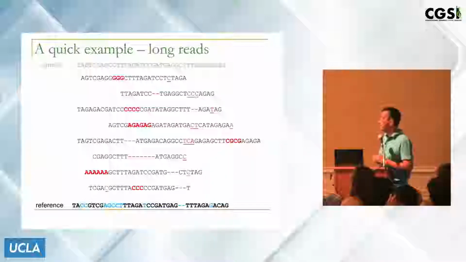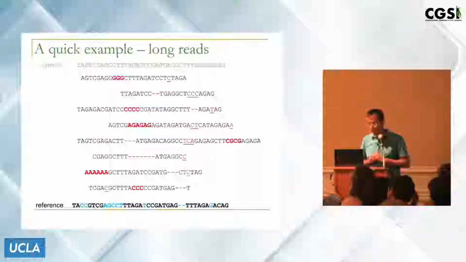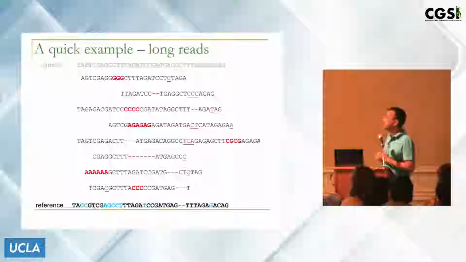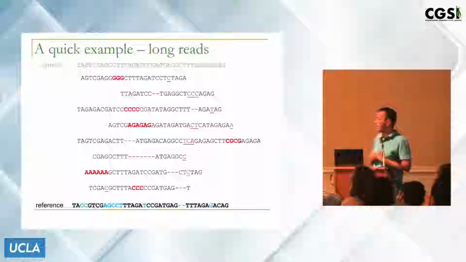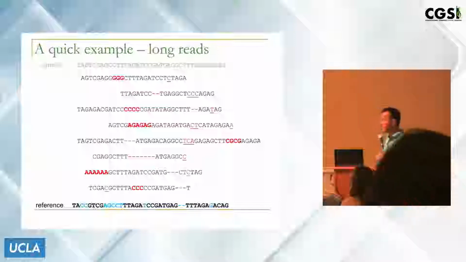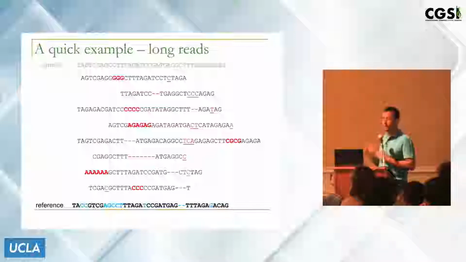So sometimes we have extra characters. For example, the second last one from the bottom has some extra A's which are not actually in the sample. And the third from the bottom has some sequence missing. So we have more insertion and deletion errors.